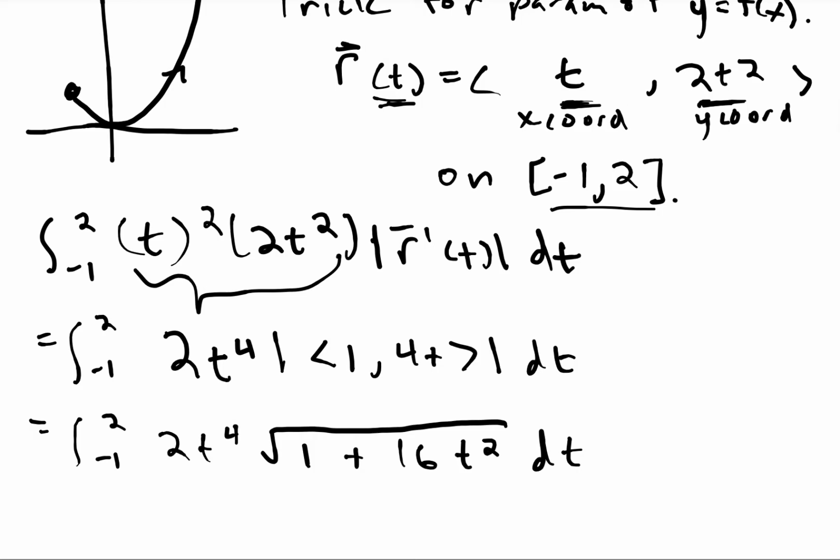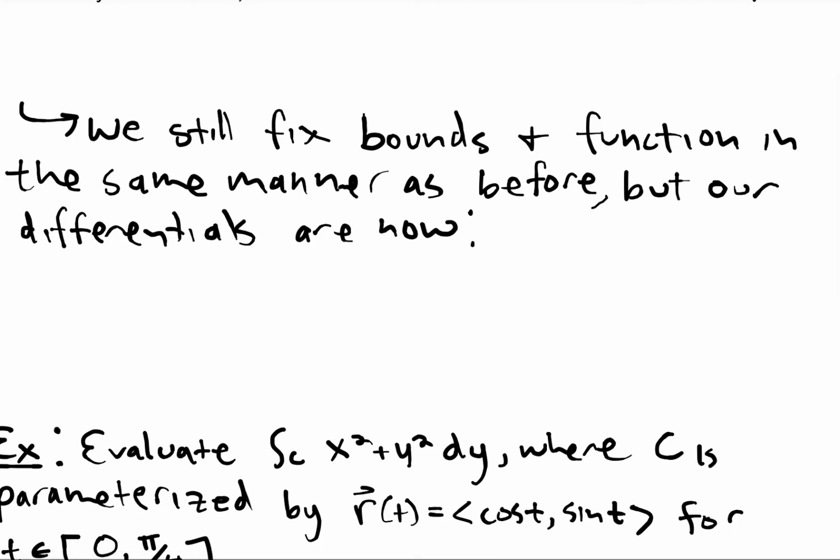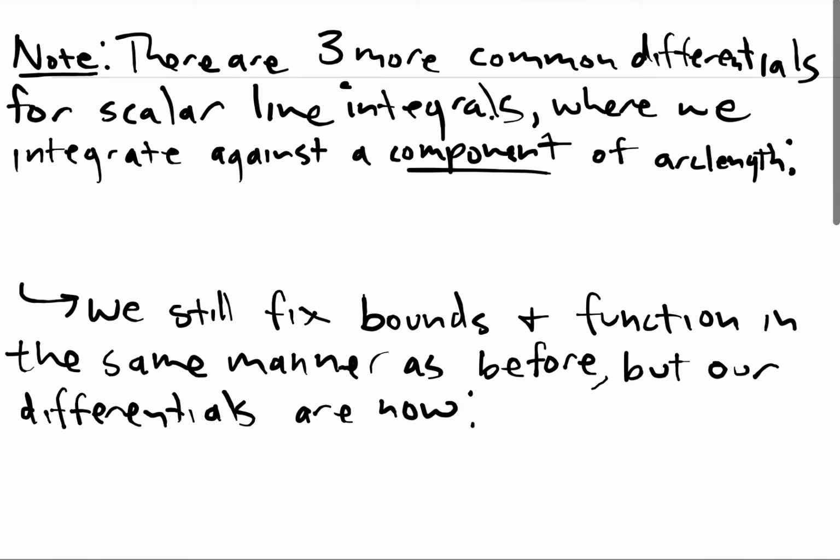Okay, now those were scalar line integrals, and before we move on to vector field integrals, I said that was our motivation from the work section. There are 3 more common differentials that we may use for scalar line integrals.